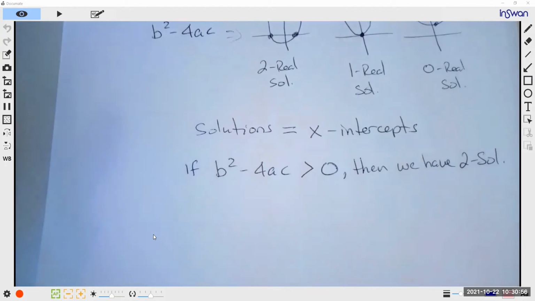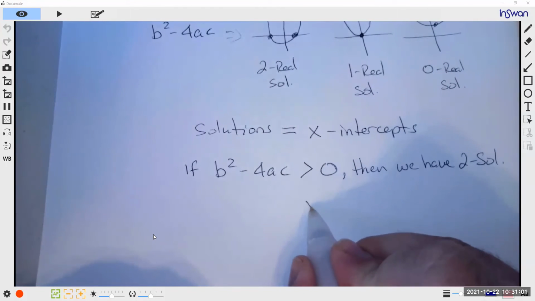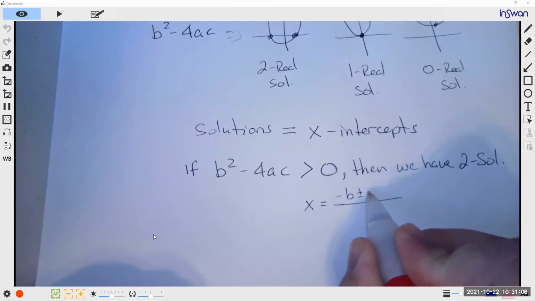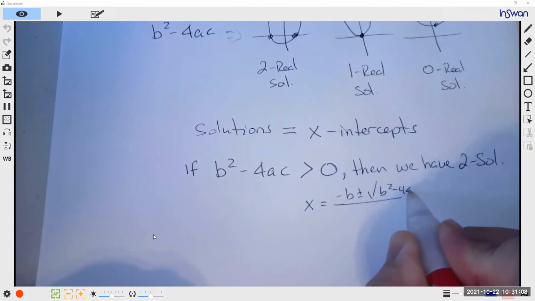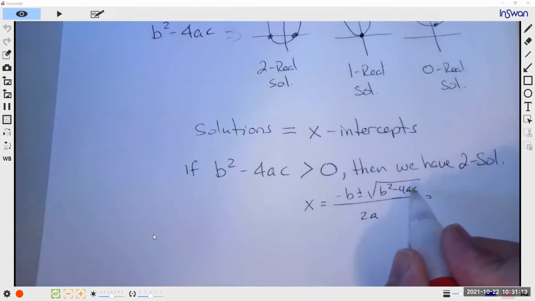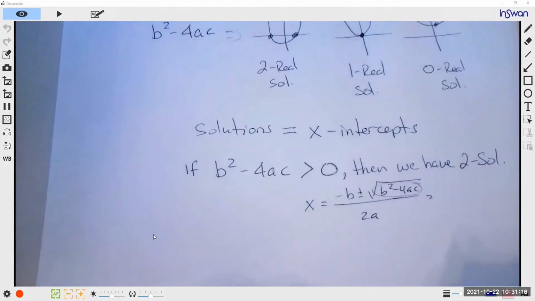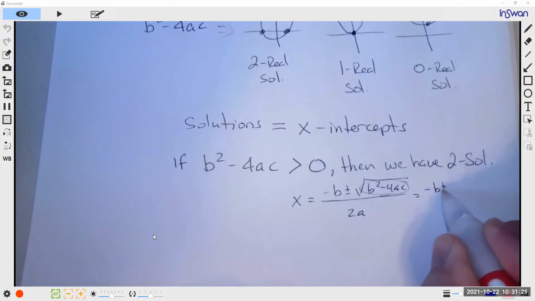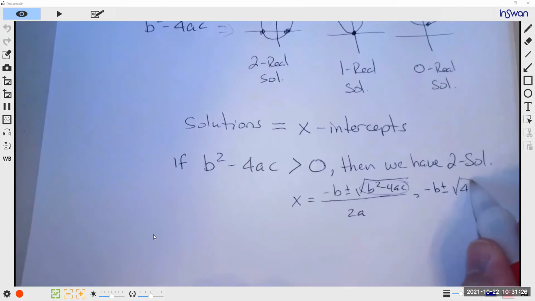What does that mean? Well, in a quadratic equation, if this part is a positive number, if it's greater than 0, let's say like 4, then we'll have the plus or minus of whatever that is.